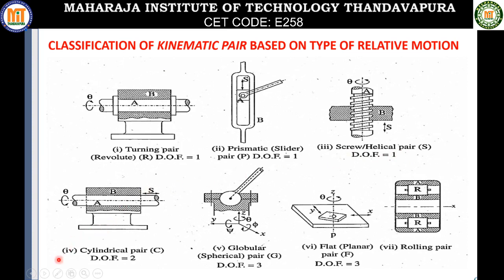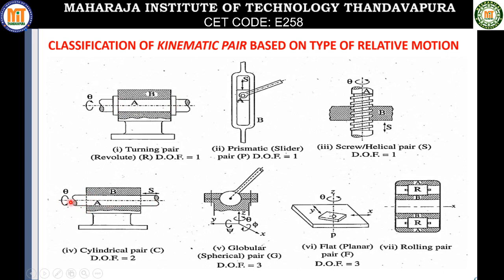Coming to the fourth type of pair, the cylindrical pair, wherein I have a cylindrical shaft that is inserted into a hole of the link B. In comparison with the turning pair, where I have two keys which prevent the sliding or translatory motion, in the cylindrical pair I don't have those keys.